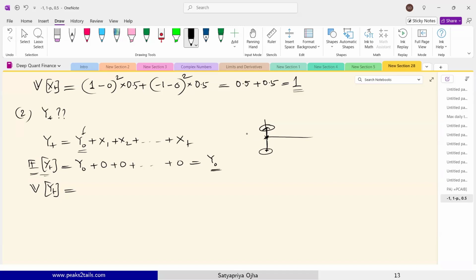Your coin toss head tail, the values are 1 and 0, but the expectation is 0.5. Can the coin toss take a value of 0.5? No, it's the average, right? So on an average, still the expectation is 0. Yes, after one step, you can be here or you can be here, equal probability 0.5, 0.5. From expectation standpoint, it is still 0 on an average, although you will never be at 0.